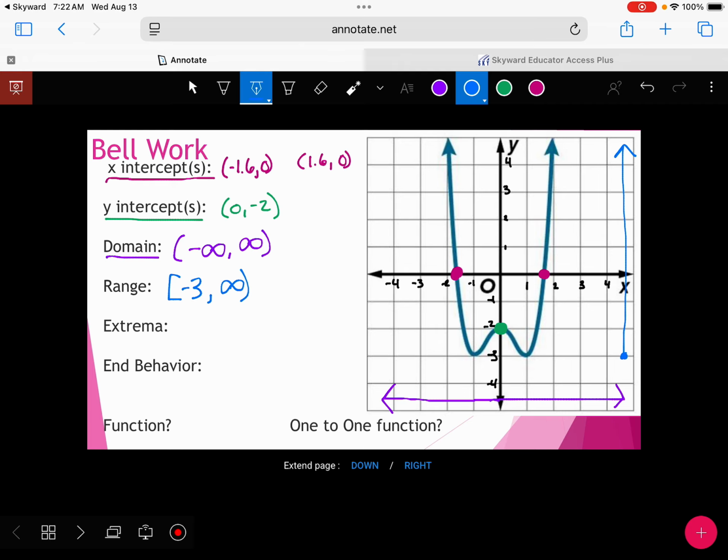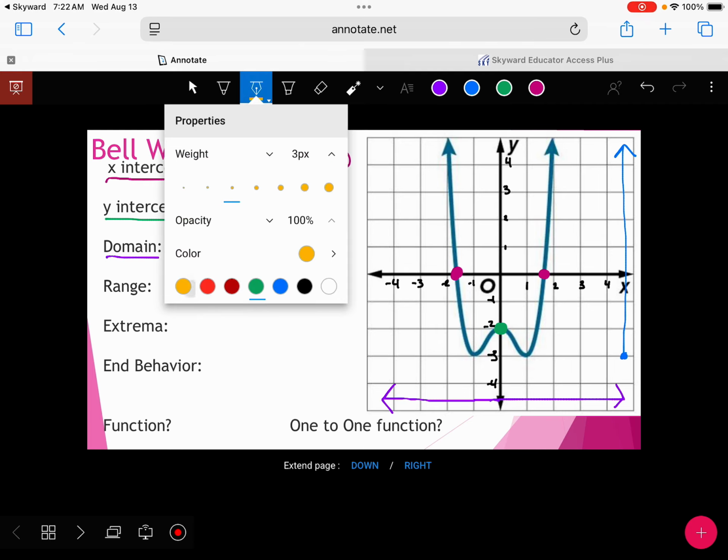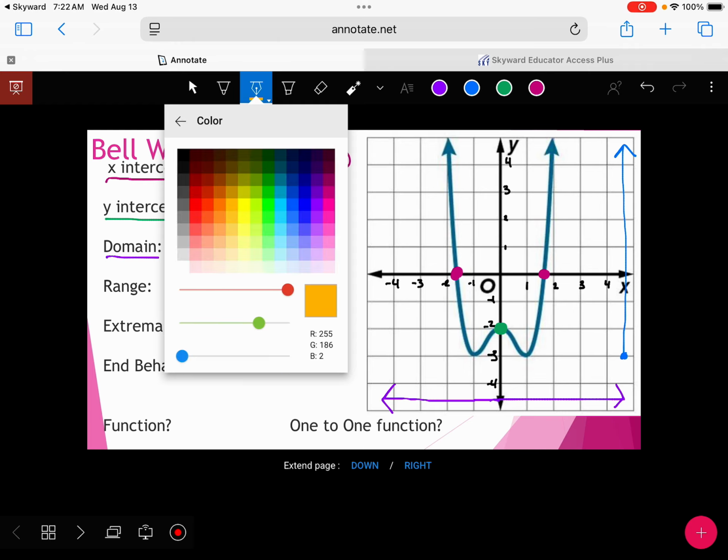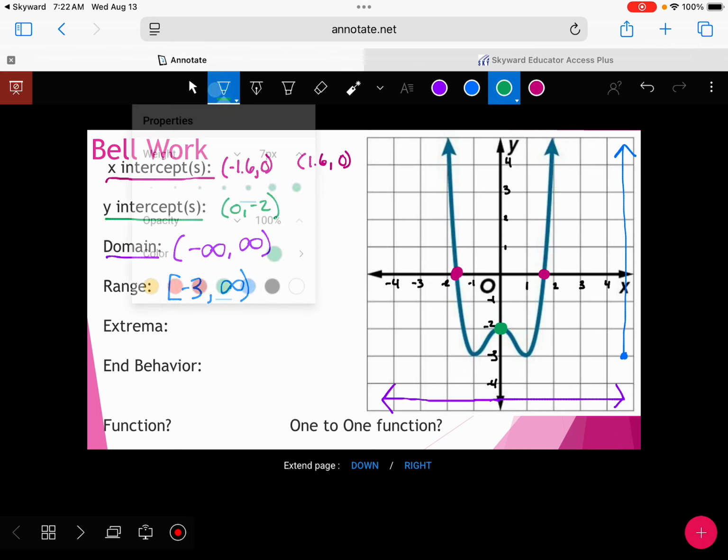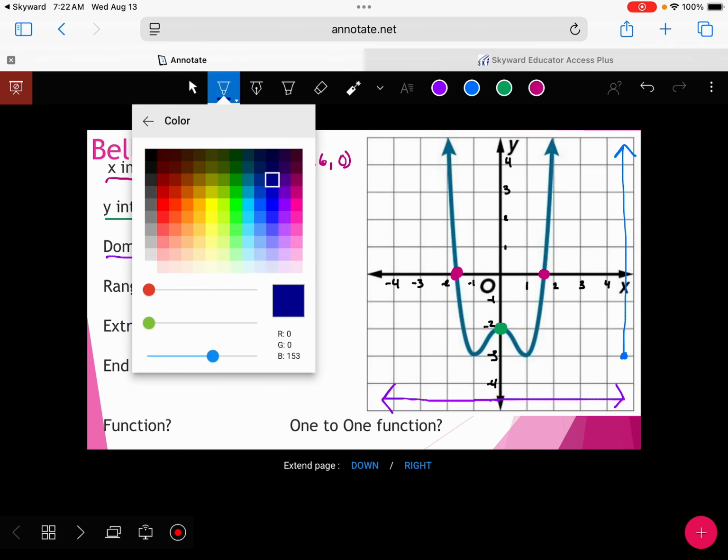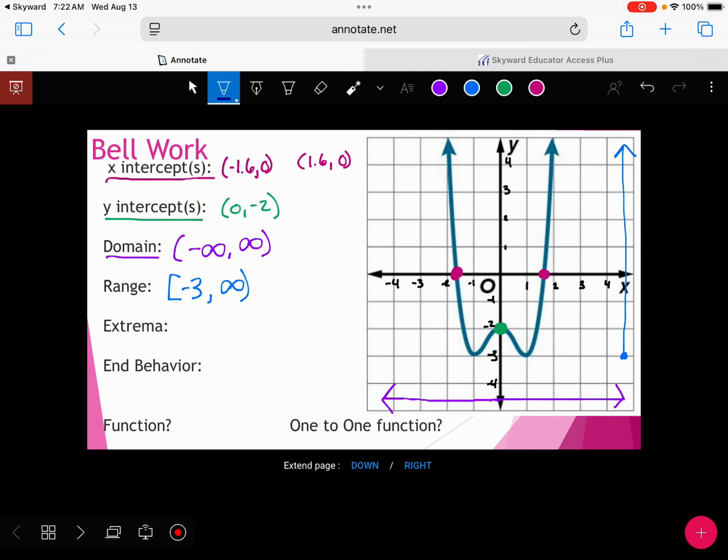So then let's look at our extrema. Where do we have an extremum or extrema? We're looking for either a little baby mountain or a little baby valley.